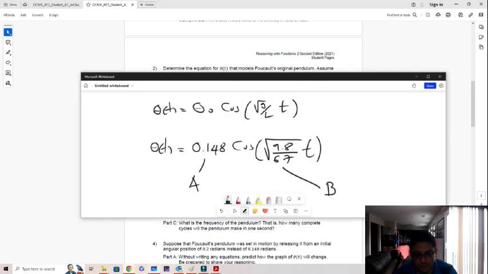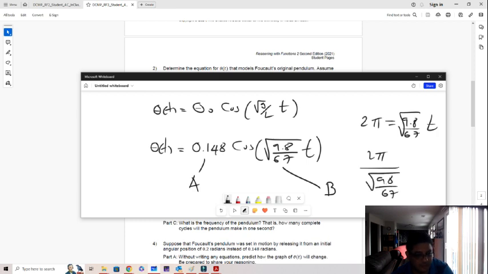What we mean by that is that 2 pi is going to occur at some point where this is going to be 2 pi. And so you need to solve for t to find out when that's going to happen. And notice that if this is really b, then 2 pi over this will be giving you not only the time here, but that time in particular will be the period. Okay?